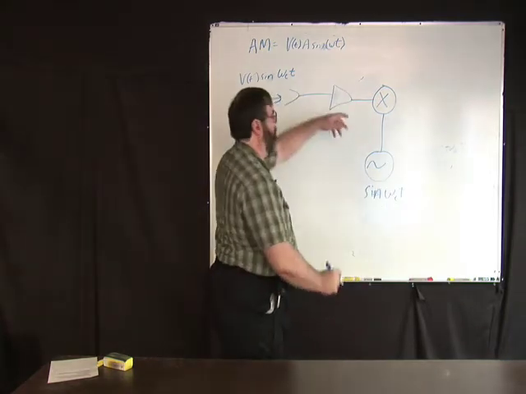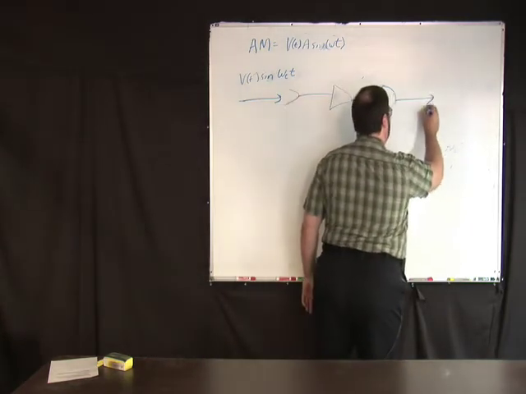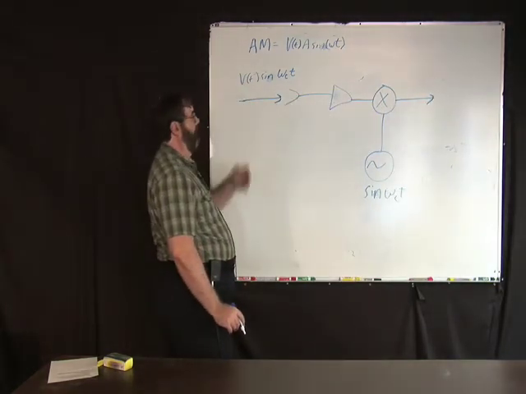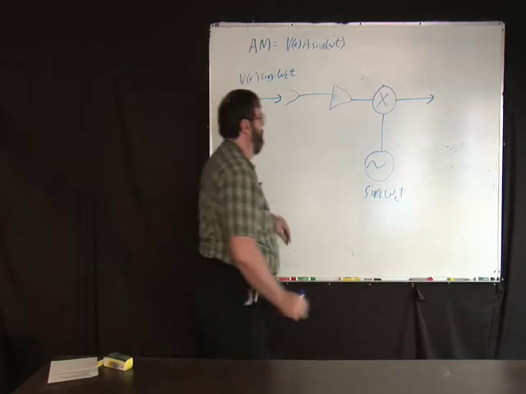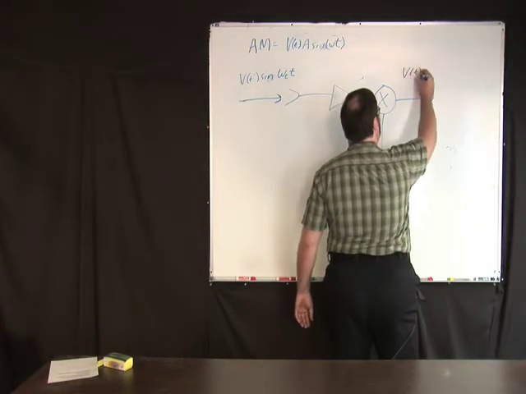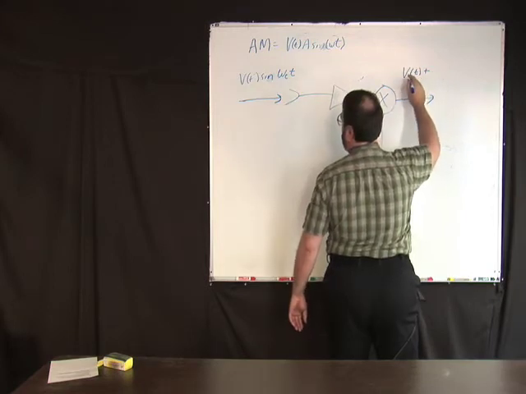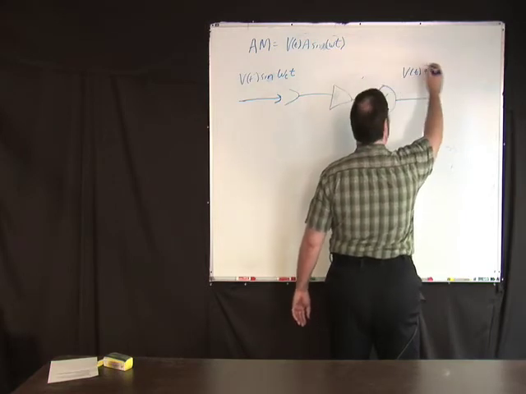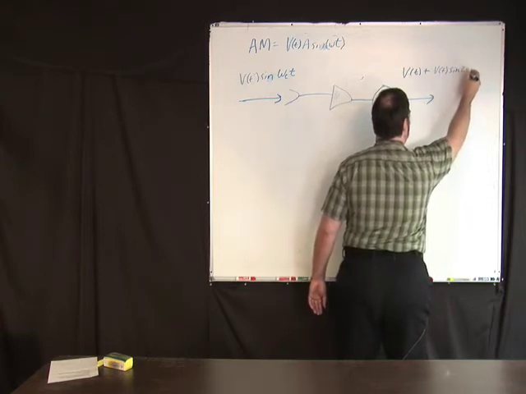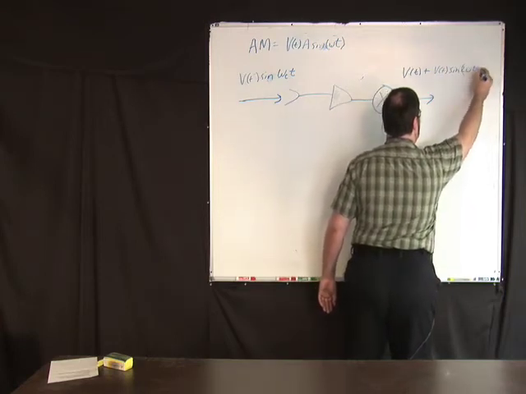Then what comes out is the sum and difference frequency. So what you get looks like V of t plus V of t times sine 2 omega t, plus some phase.